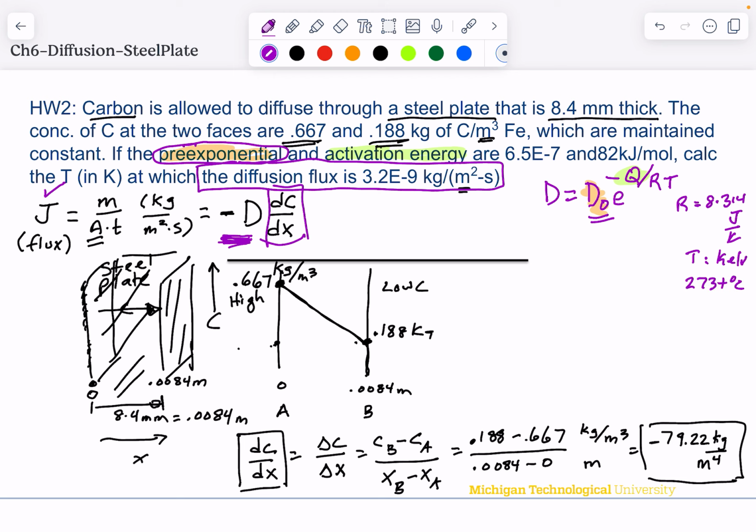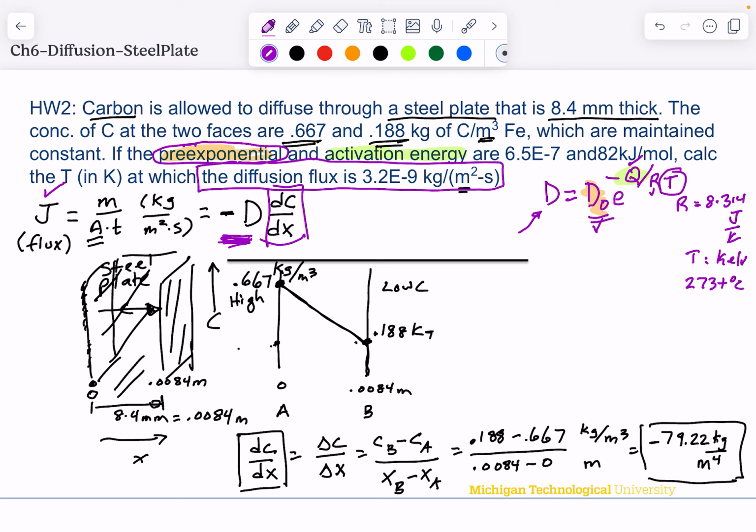Okay, so our overall strategy, once we have D, we'll put it into there, and we know our D naught, we know our Q, we know R because it's a constant, and we will be able to figure out the temperature.